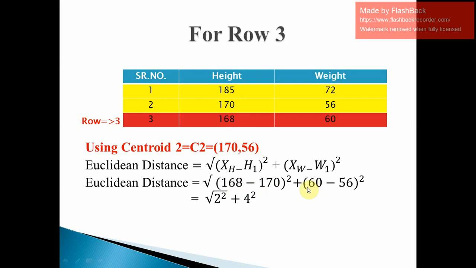Then xw is 60, the observation value, and 56 is the centroid 2's weight value. By performing the calculation, it will be 2 square plus 4 square. Then it will be the square root of 20, and the square root of 20 is 4.48. So 4.48 is the value we have calculated for row 3 using centroid 2.